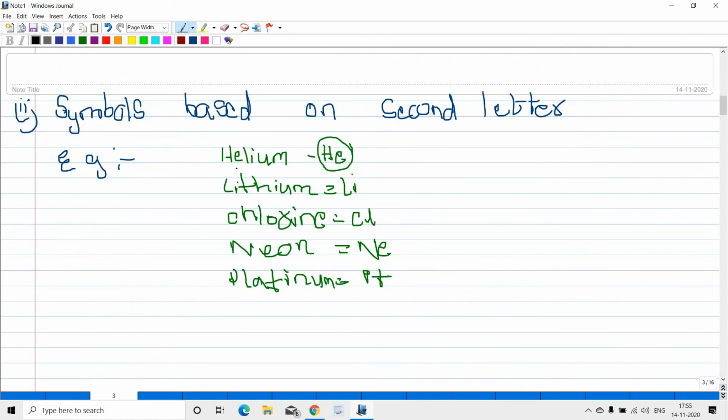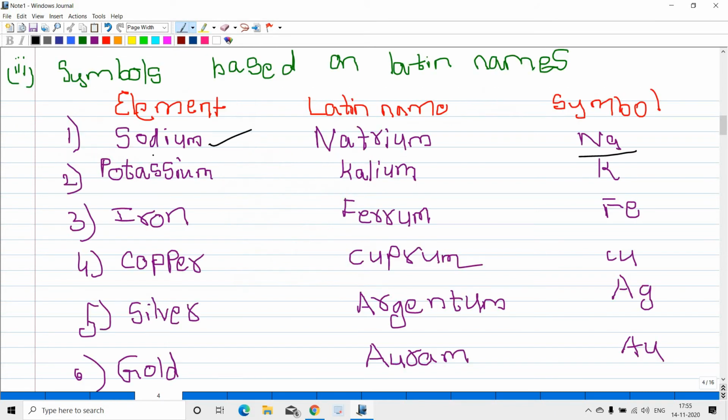See the example helium: the first two letters of helium are the symbol of helium. But here, sodium is totally unrelated to Na. That's why some of these are different, and these symbols have another name, Latin names. We will call these Latin names.